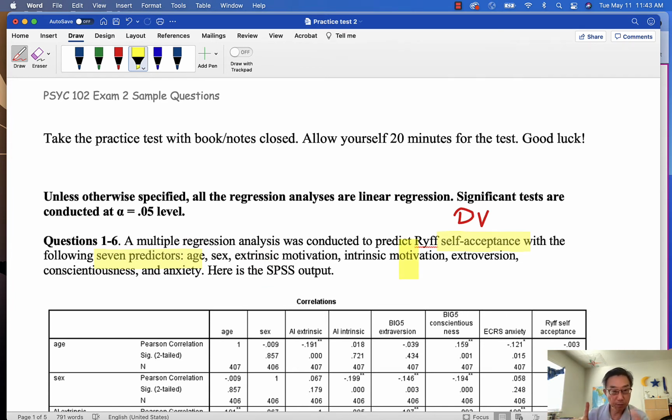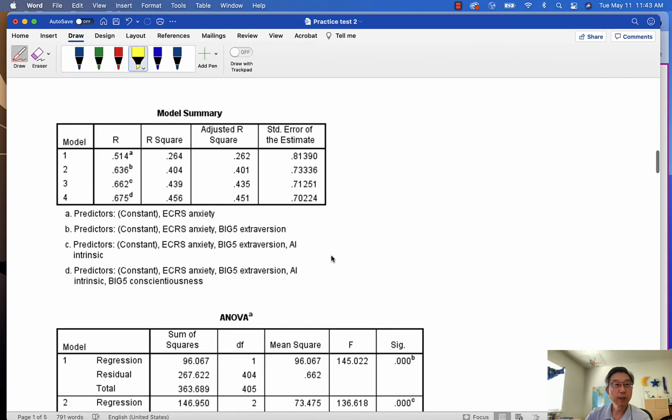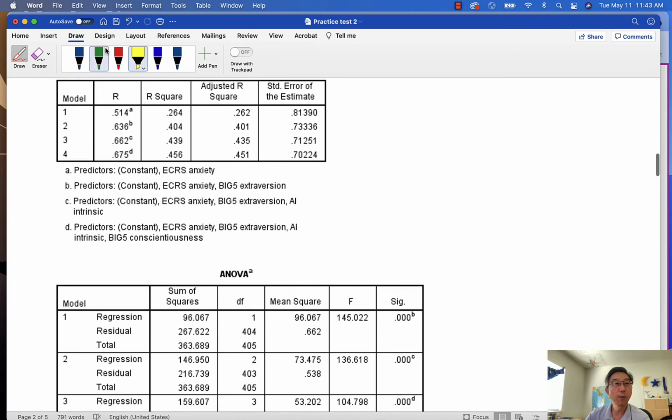So this multiple regression analysis was conducted with 1 dependent variable and 7 independent variables. Keeping that in mind, we can see what's going on here. How many models did the analysis produce? It produced 1, 2, 3, and 4 models.